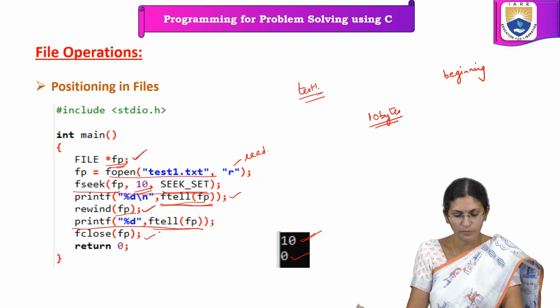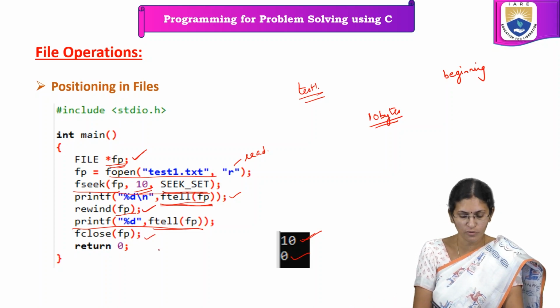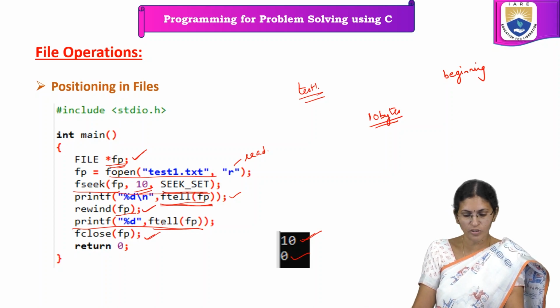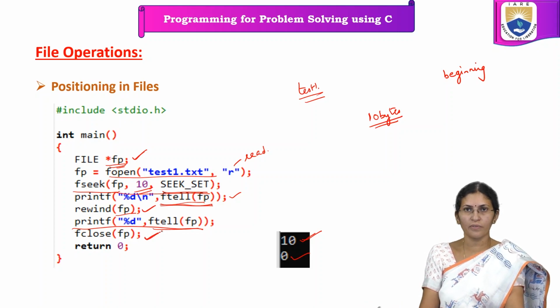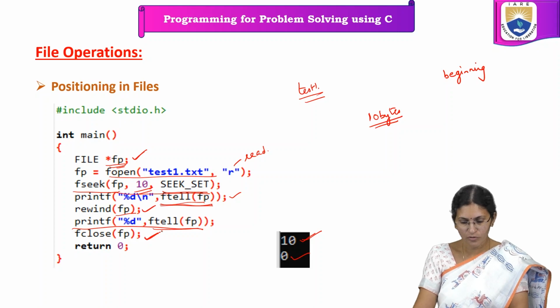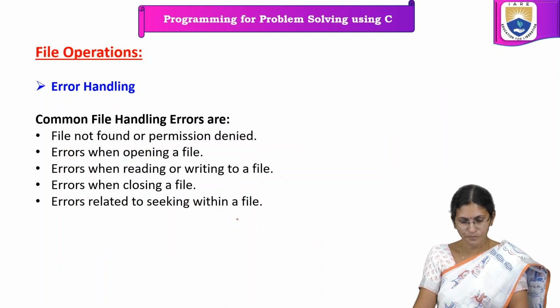After performing these different operations, we need to close the file. This is the function to close the file. In this way, we have illustrated the use of the fseek function, ftell function and rewind function.